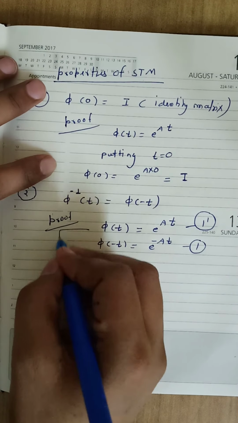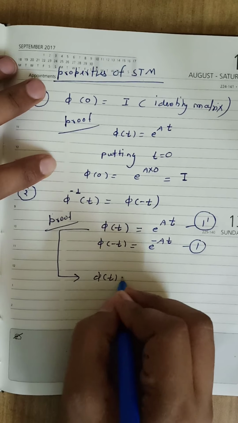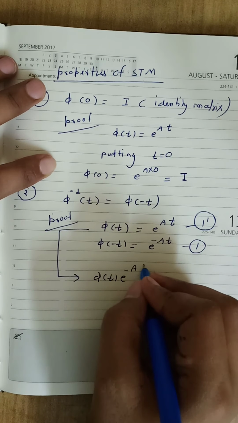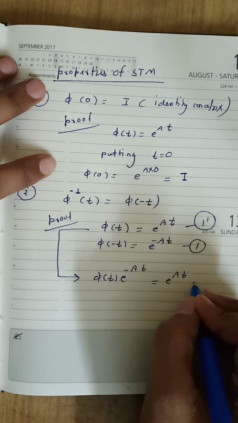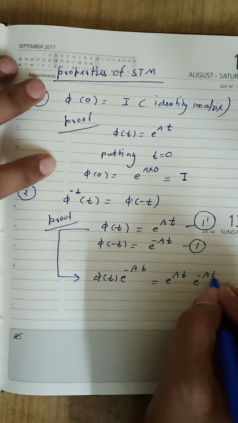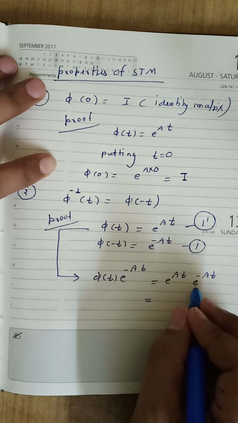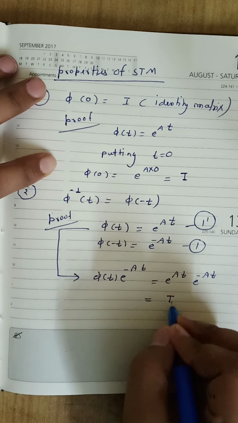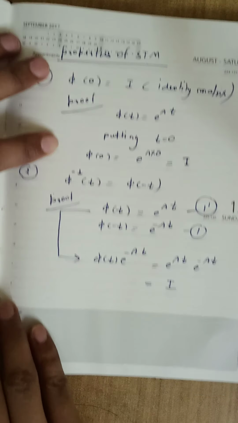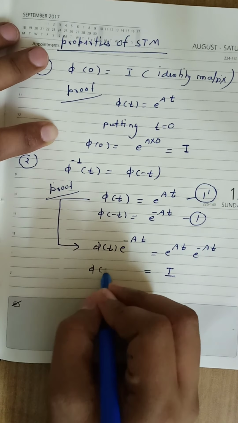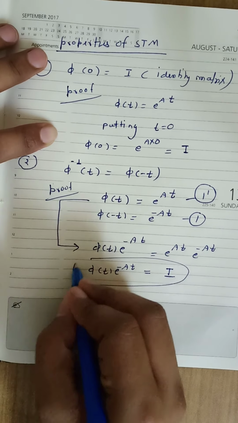So we have phi of t e to the power minus at equal to e to the power at into e to the power minus at. e to the power at into e to the power minus at means identity matrix. So phi of t e to the power minus at becomes I.